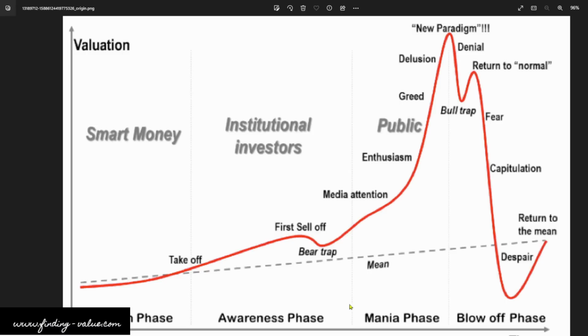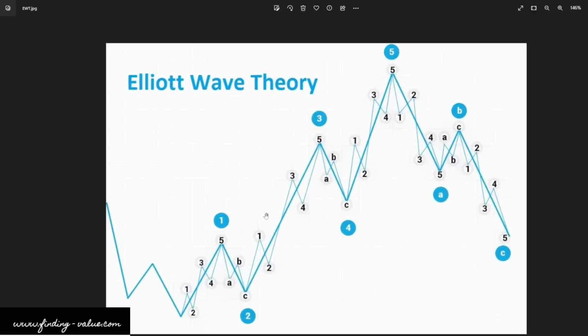Now, a lot of people know this cycle as the Elliott wave theory. You get a first wave, the second wave's a pullback, a third wave, fourth wave's a pullback, and then a fifth wave. You go down at point number 2 here. That is considered a bull trap.